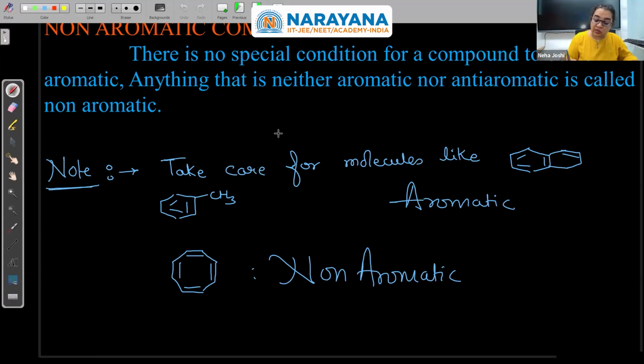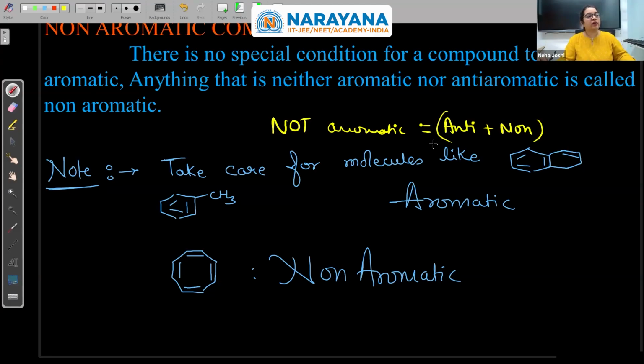But if the question says not aromatic, then the word not aromatic includes both anti and non-aromatic, whereas non-aromatic includes only non. So read the question carefully, whether they are asking non-aromatic or not aromatic.